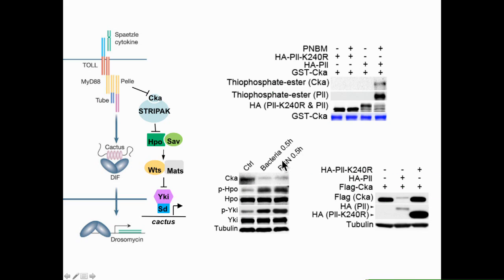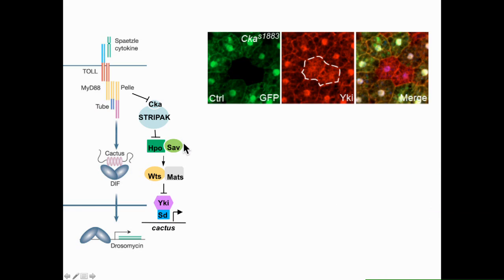Perhaps even more interesting, once you treat the immune cells with the bacteria or peptidoglycan from this gram-positive bacteria, the CKA protein is quickly degraded within about half an hour. The protein actually disappeared. And probably more importantly, we can show in vivo that CKA is absolutely required for this translocation.